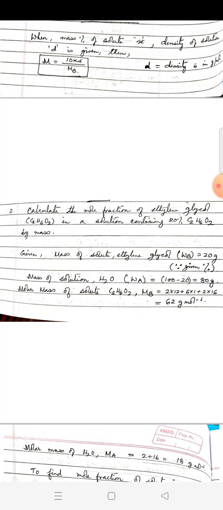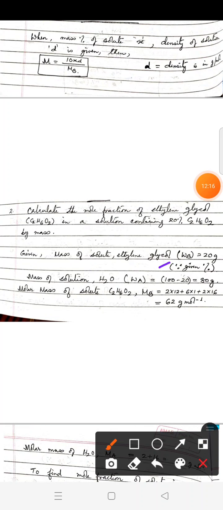So please write down here, given mass of solute, that is ethylene glycol, symbol is Wb, which is 20 gram. From where did we get 20 gram? Because it is 20%. By 20% we mean 20 gram of ethylene glycol in 100 gram of solution. Remember, not solvent, 100 gram of solution. So mass of solvent, sorry, here I made a mistake, please make a correction.